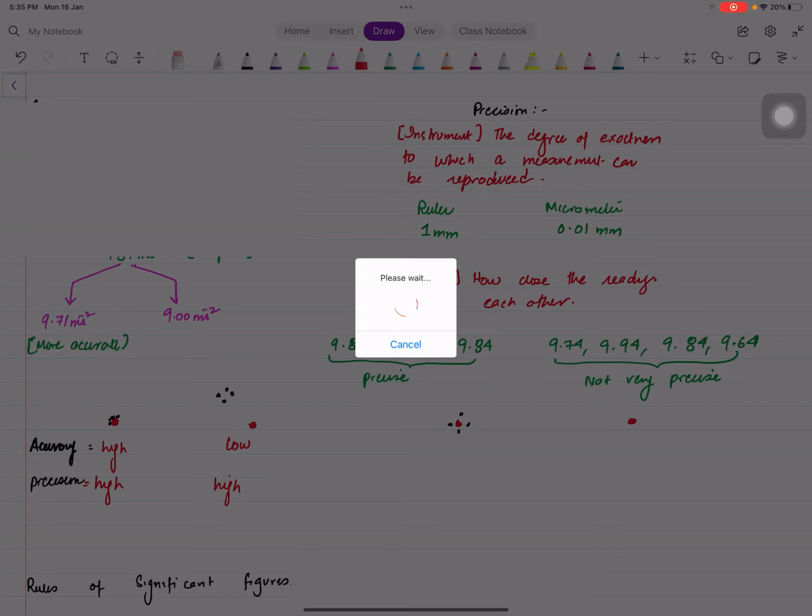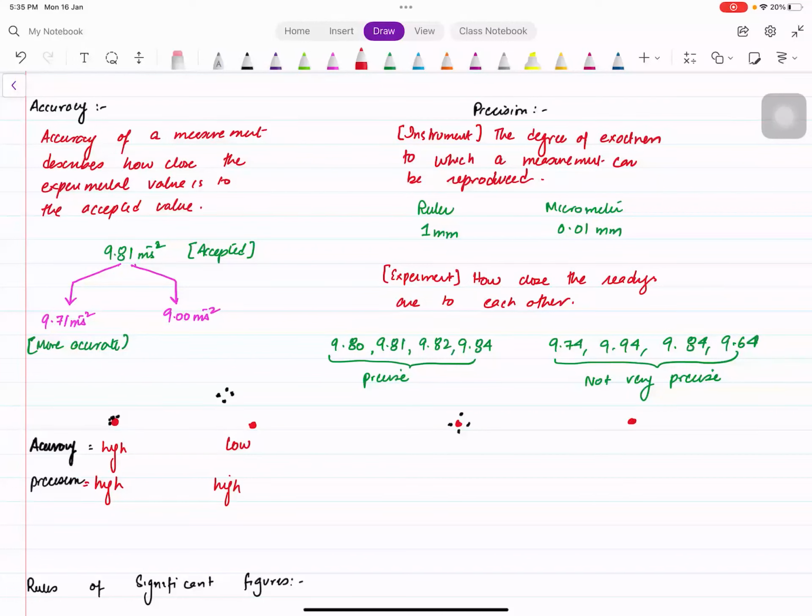Okay, so accuracy is high, but the precision is low. And if it's like this, then we can say that this is low accuracy and low precision, both of them, right?